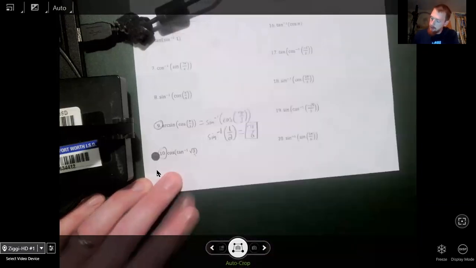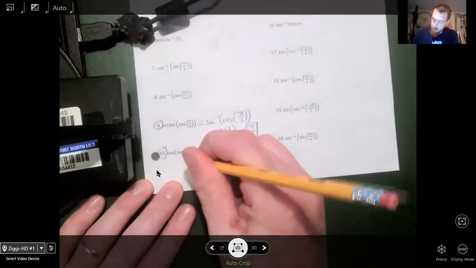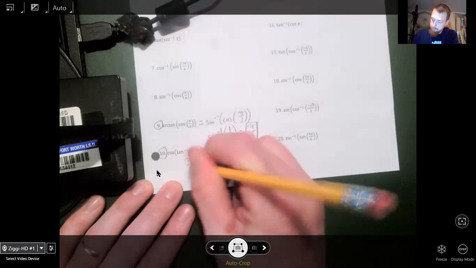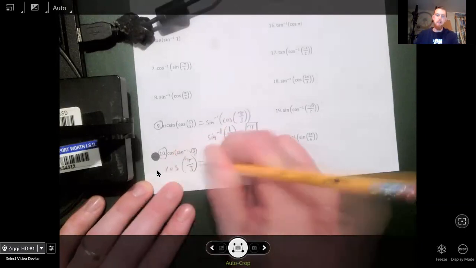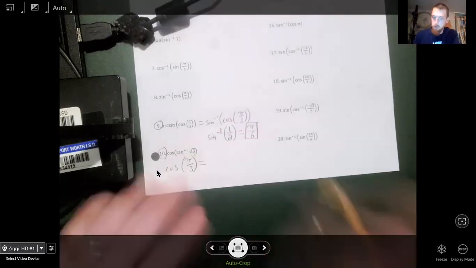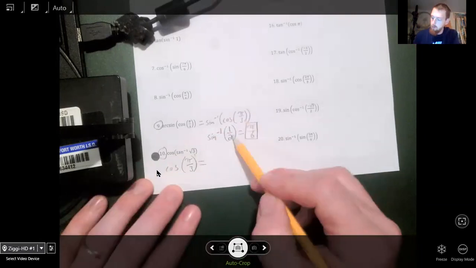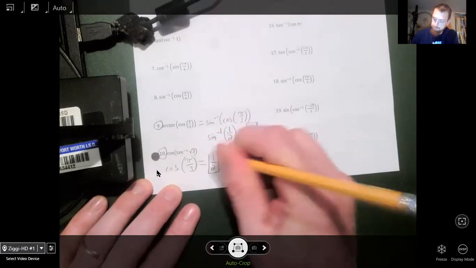And so that means that the inverse tangent of the square root of 3 is really pi over 3. But now we want to find the cosine of pi over 3. We actually already did that, right? The cosine of pi over 3 right up here was 1/2. So that is indeed the answer to this problem.